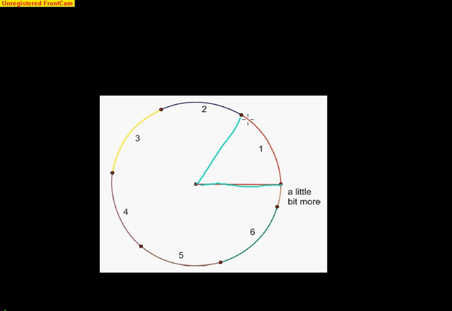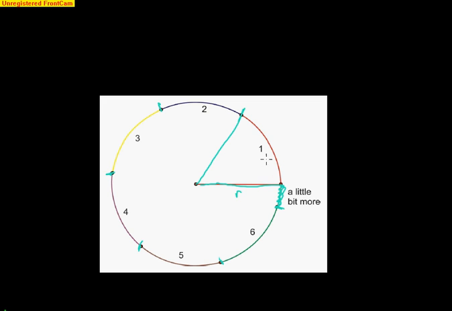So think if I took that piece of string, the radius, and I laid it out, and then laid it out again, and again, and again. No matter the size of the circle, I would get 6 full radians in a circle, and then this little bit extra. 6 full radians. All right, so hopefully that makes a lot of sense.